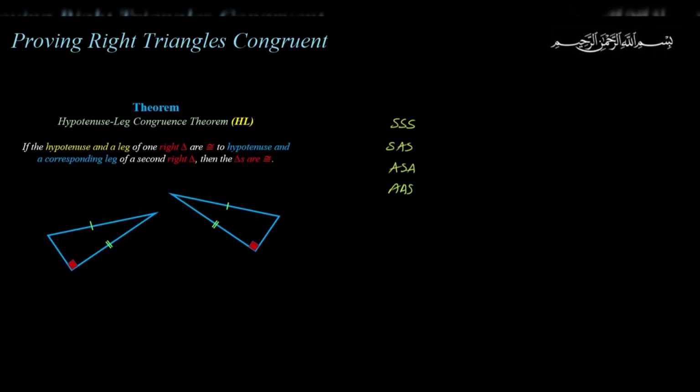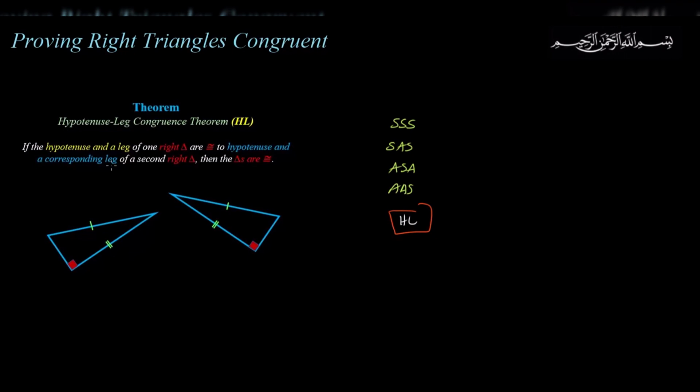I said you can still use the previous postulates and theorems for right triangles, and that's why I don't add anything to this, because it would clutter your mind, as they're essentially the same postulates and theorems. The only new theorem was the hypotenuse leg, and it stated that if the hypotenuse and a leg of one right triangle are congruent to the hypotenuse and the corresponding leg of a second right triangle, then the right triangles are congruent.